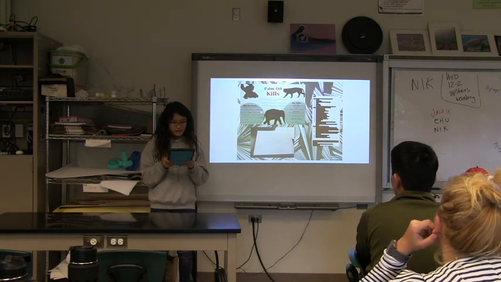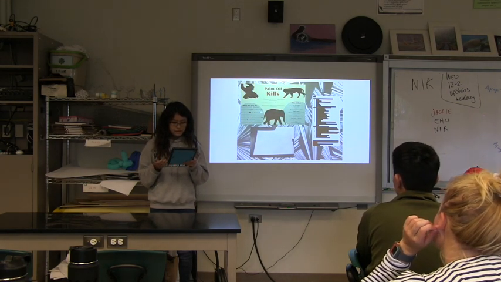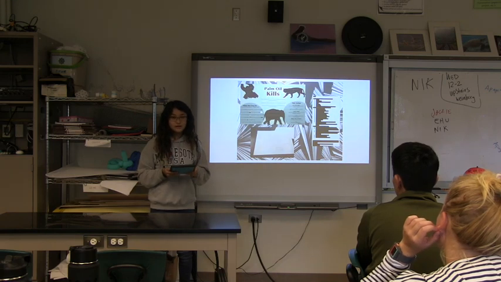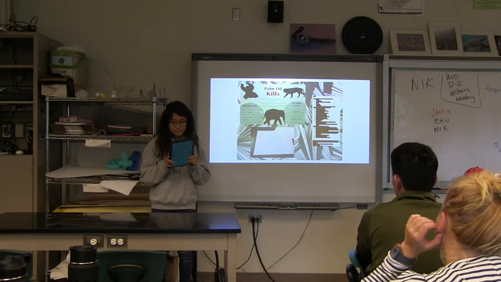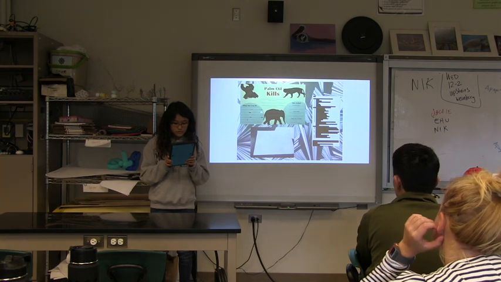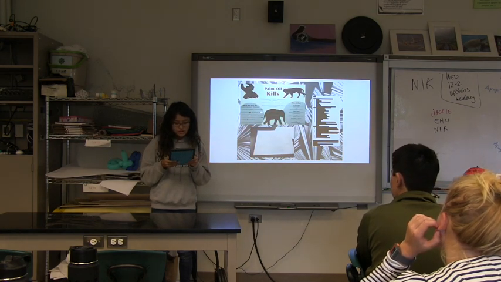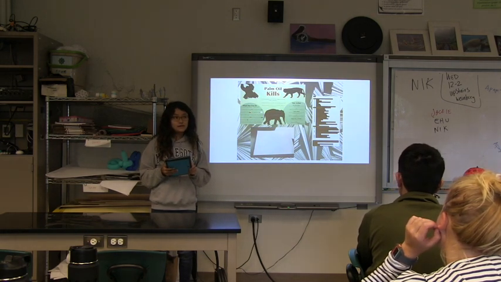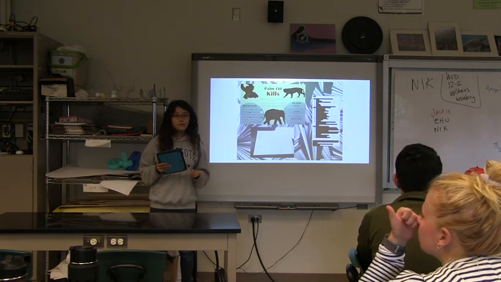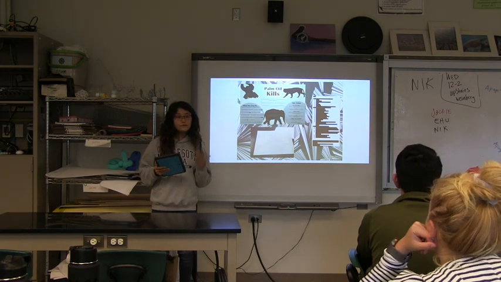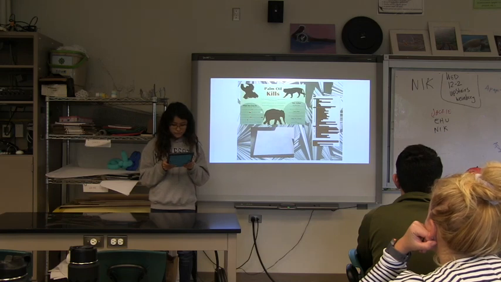So the zoo banner educated the public about the detrimental effects of palm oil, which is quite to say a lot of bad effects. And it was supposed to evoke empathy and a want to change habits for the better, such as buying things that don't contain palm oil and trying to advocate for a better future.